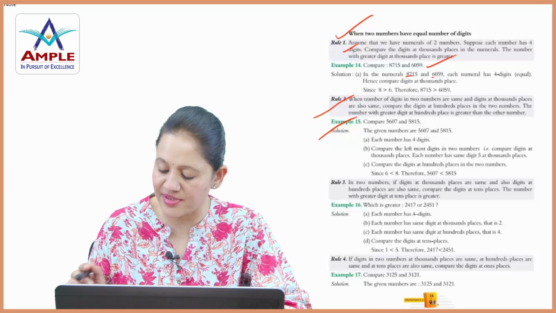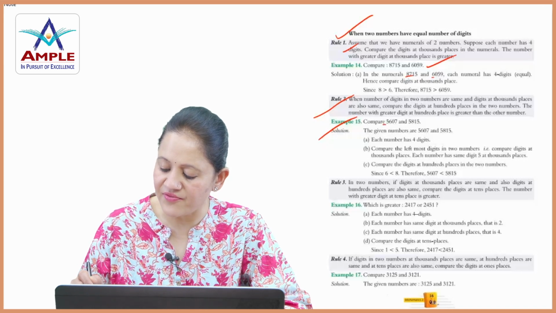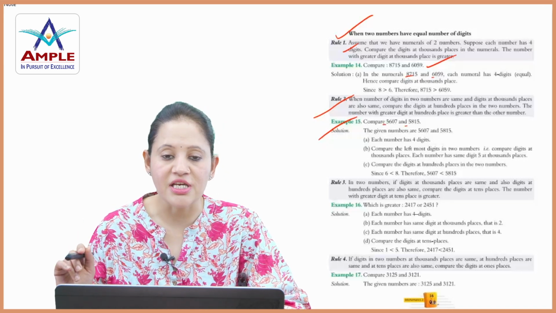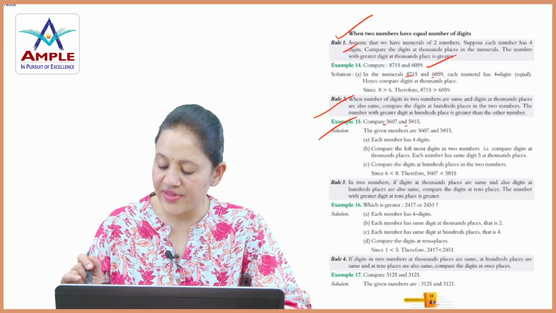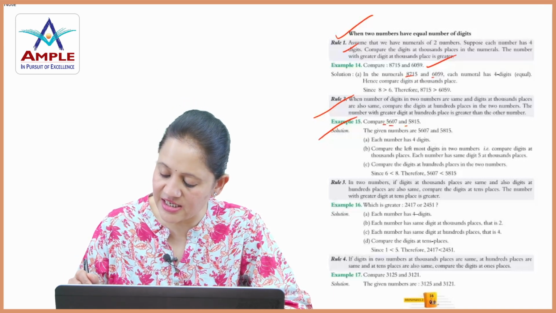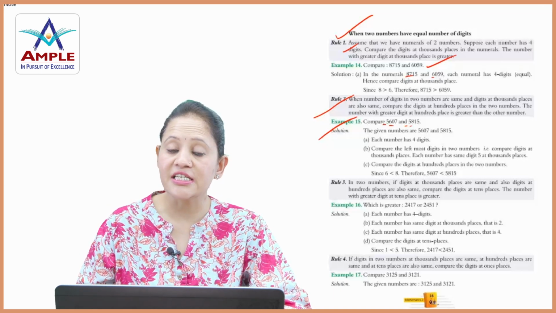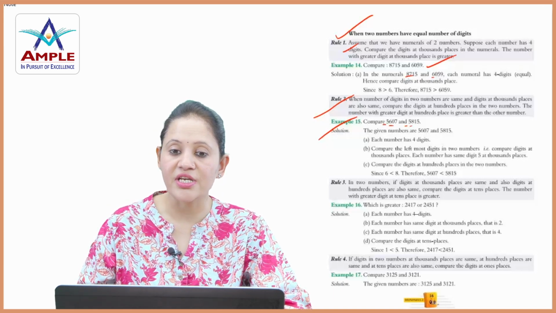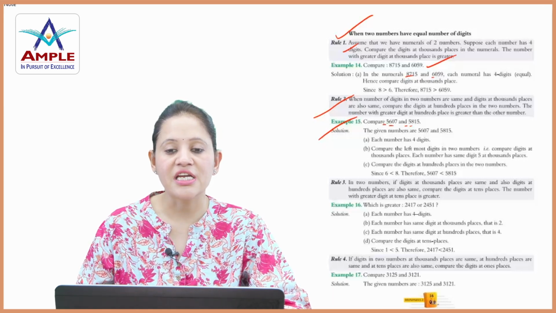Both are 4-digit numbers, and the digits at the 1000 place are the same: 5 and 5. So, now we move to the digit at the 100 place. Here it is 6 and here it is 8. Clear? 6 is less than 8, so we can say 5607 is less than 5815.